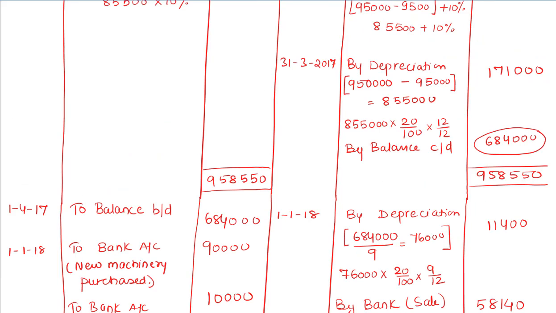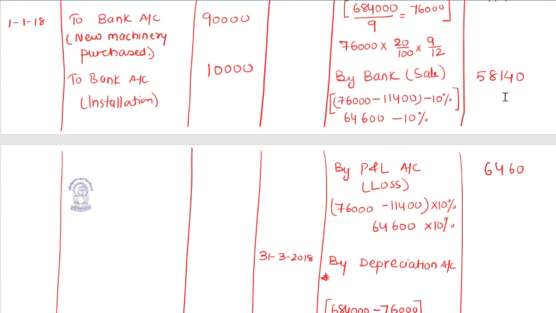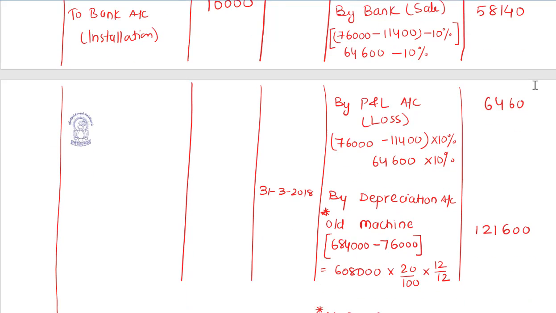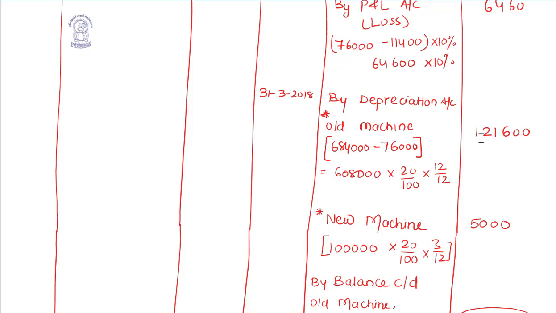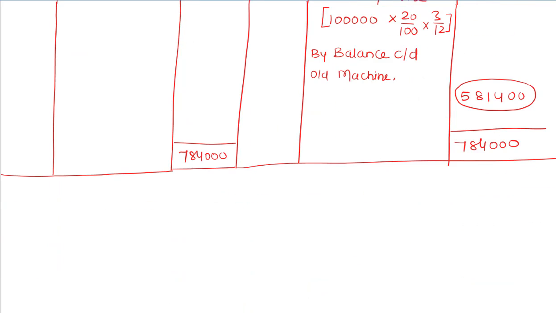For the old machine it is 6,84,000 minus 11,400 minus 58,140 minus 6,460 minus 1,21,600 equals 4,86,400. Let us calculate for the new machine now.